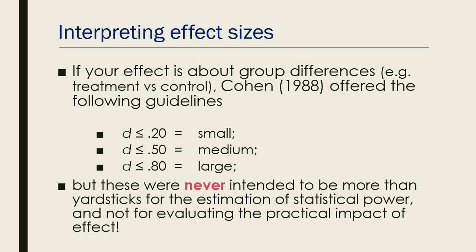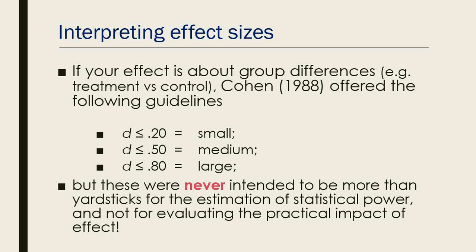So I should just give my usual warning here that these were never intended to be more than yardsticks for the estimation of statistical power. They were certainly not offered by Cohen as a means of evaluating the practical impact of the effect. If you actually read Cohen 1988, which I rather suspect few people will, quite often it's cited by people who, it's quite clear, haven't read it.